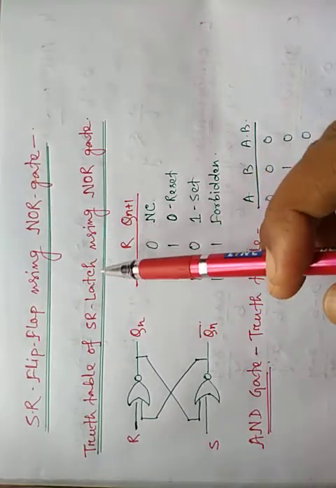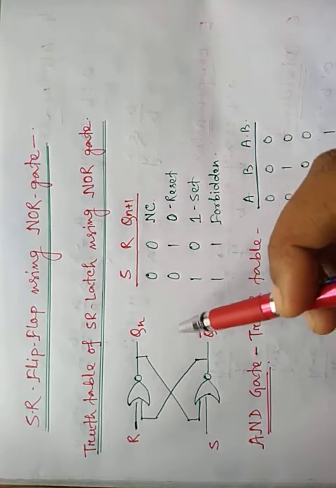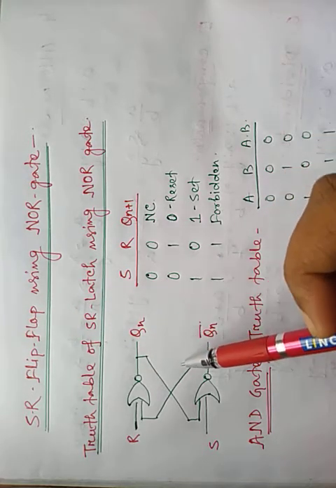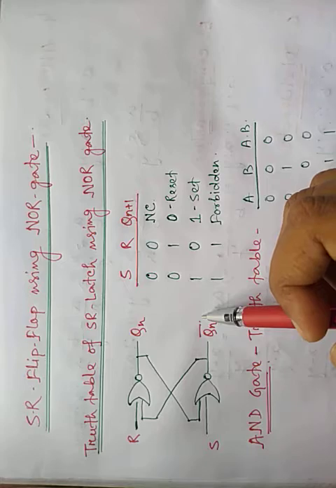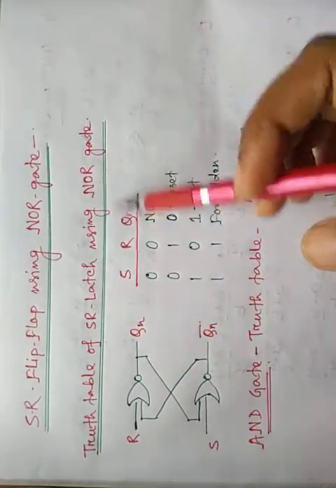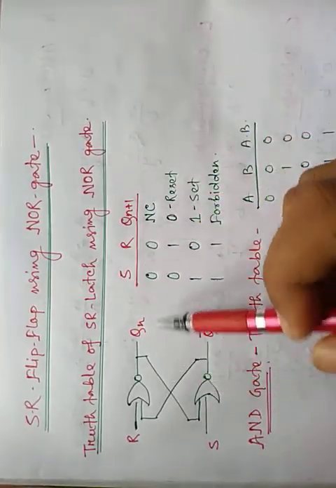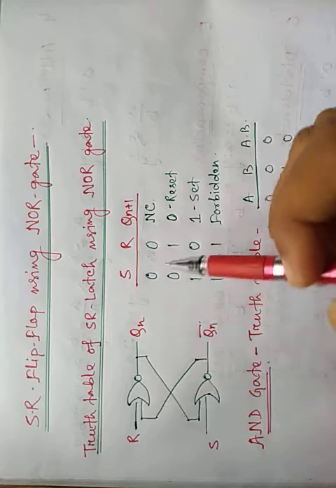So in order to learn SR flip-flop, we have to remember the truth table of SR latch. As we are using NOR gate, we have to remember the SR latch using NOR gate. Here I have already drawn it, which we have learned in our previous video.